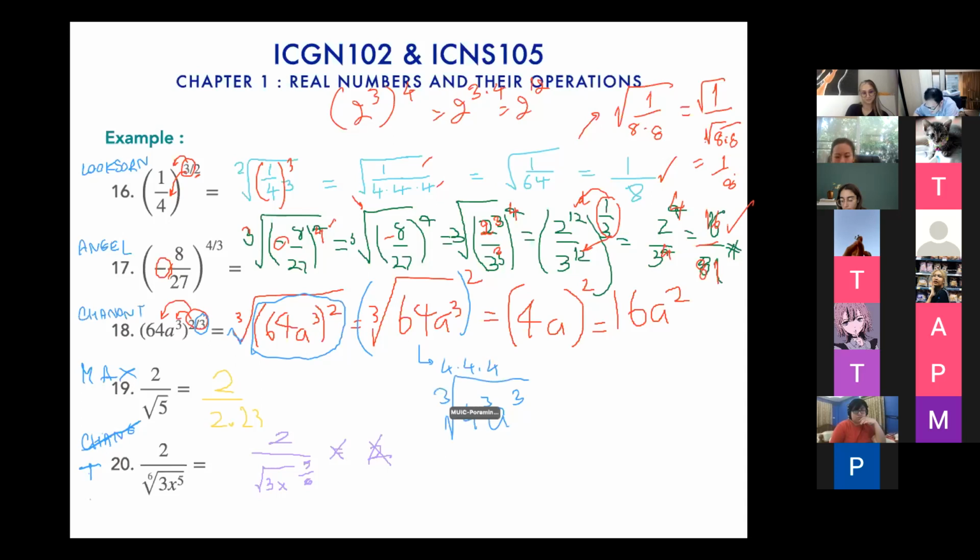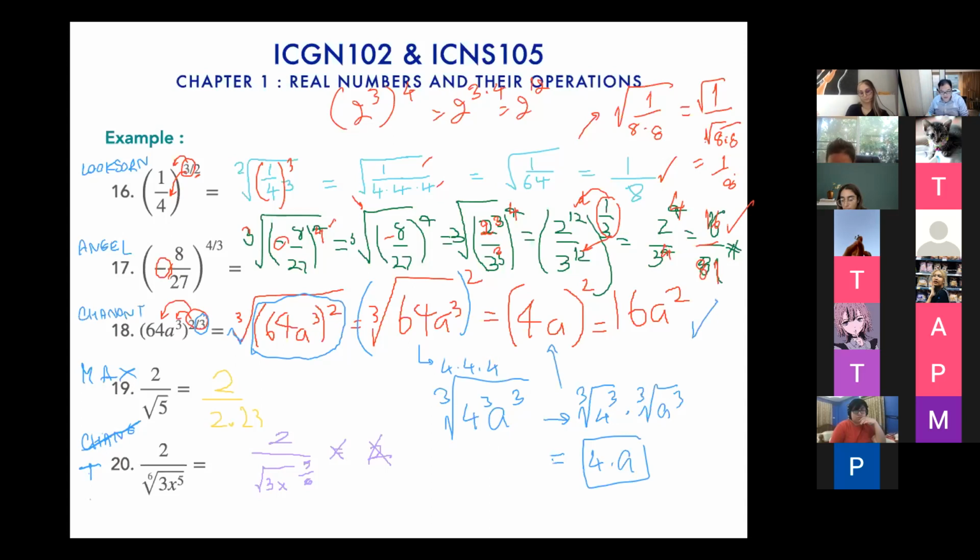You can make it the cube root of 4 cube times the cube root of a cube, then you get 4 times a instead. This is what he gets, and then altogether squared like this, so the answer is 16a squared. This is correct too. 16a squared, that's good.